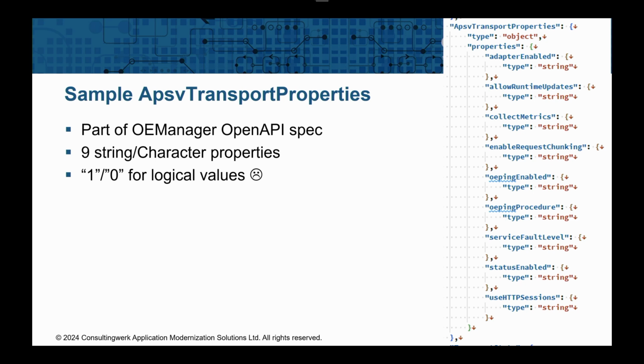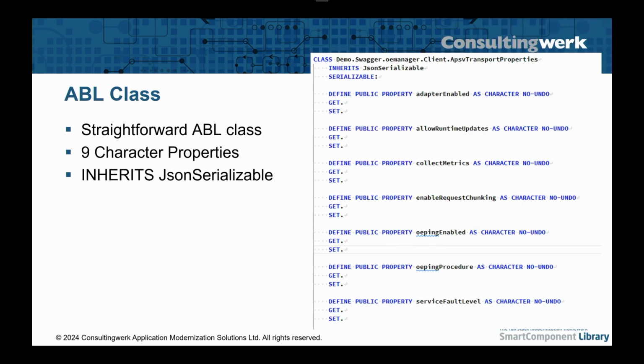So when we look at a section from the OE manager Swagger file, then we have set JSON schema for any of those methods with the strings, and yeah, here we have the quoted 1, quoted 0 for logical true or false, which really hurts my eyes when I see that, but good.